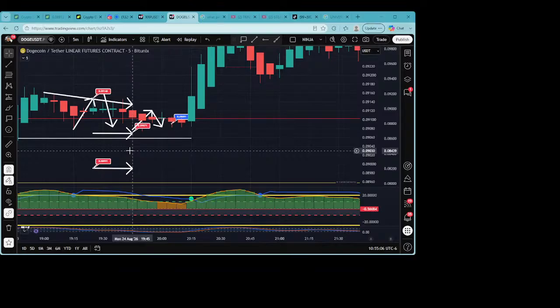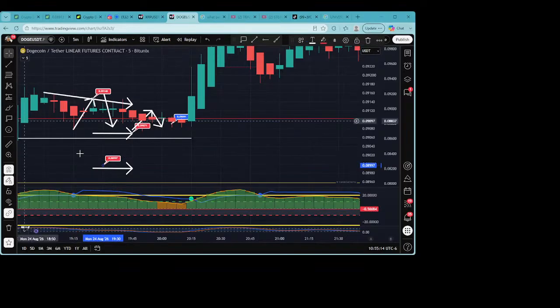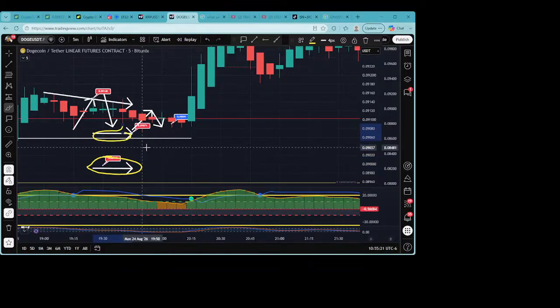This trade was supposed to fall all the way down to somewhere in this area here. It didn't even hit the middle area. Then it bounced up again, and then it started going sideways, right?